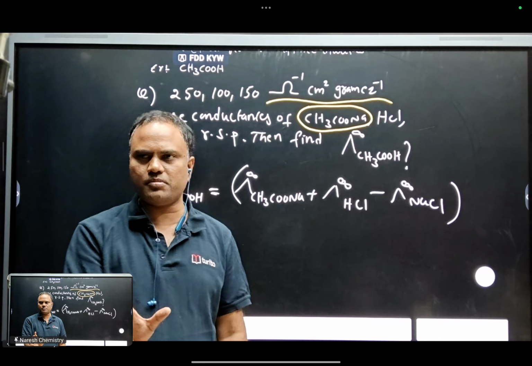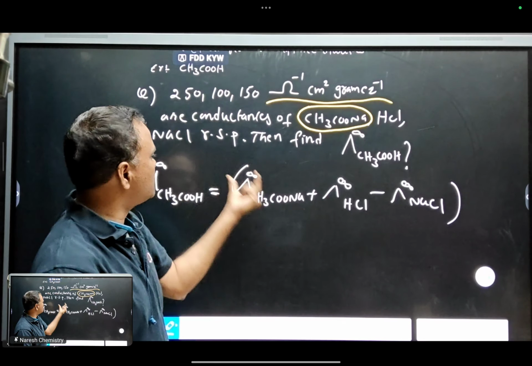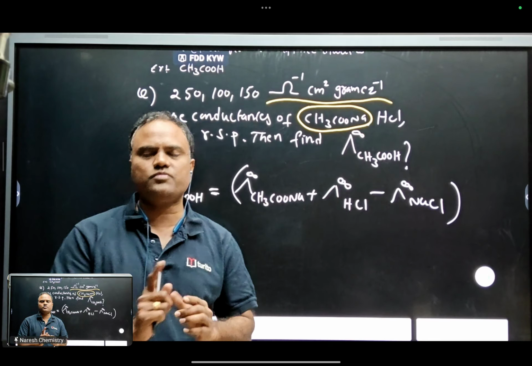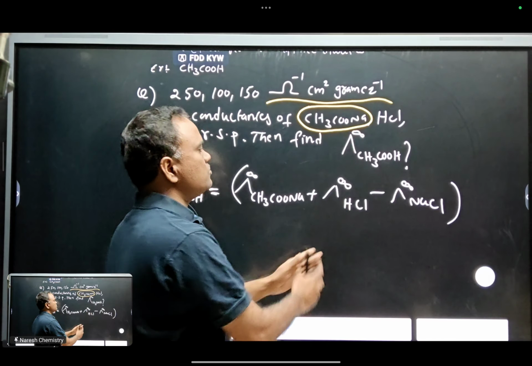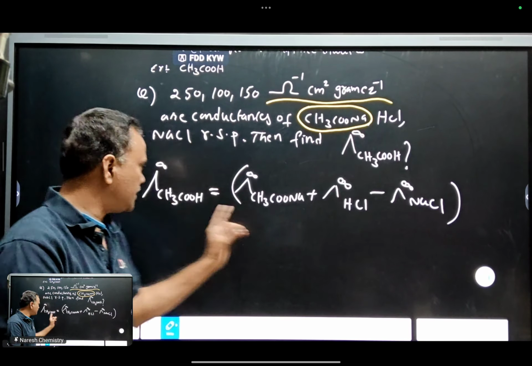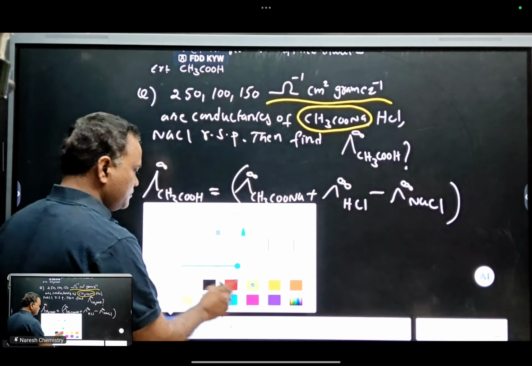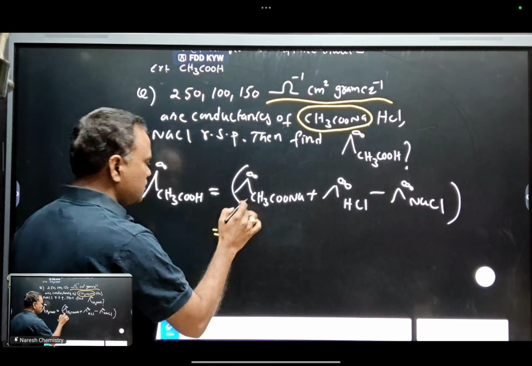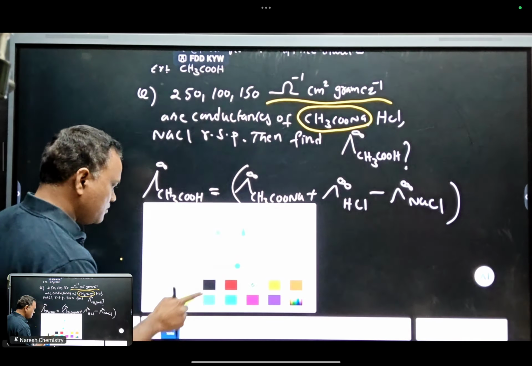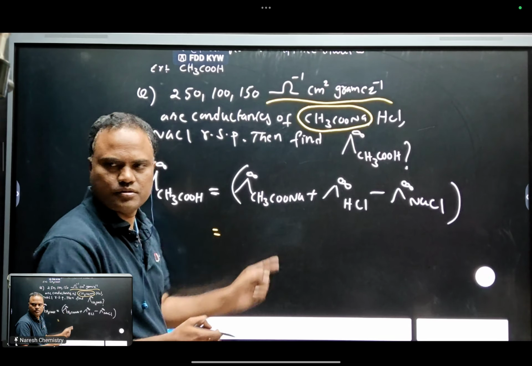Okay. Check. If we do like this, the expression will give acetic acid or not. Let us check. This is the first problem. Actually, you can substitute the values directly. But let us check. If we add these two and subtract NaCl, we will get CH3COOH or not. How to split this?